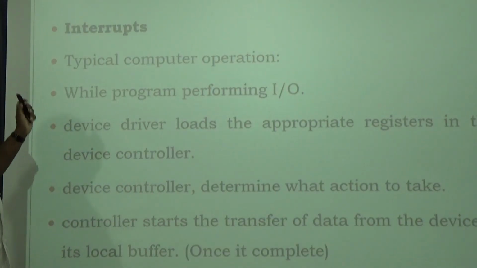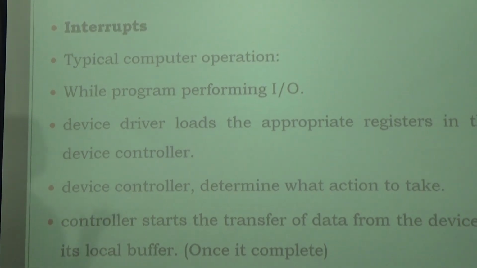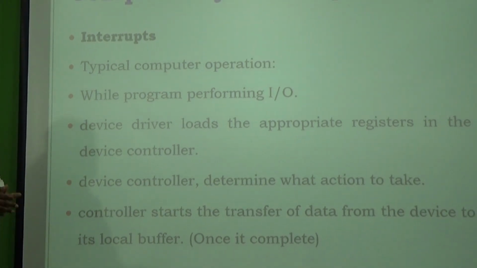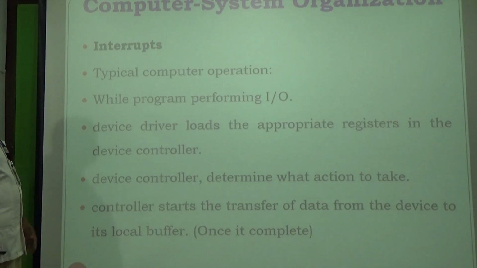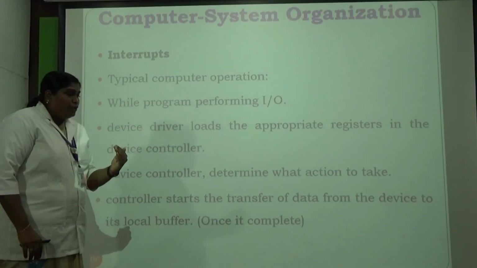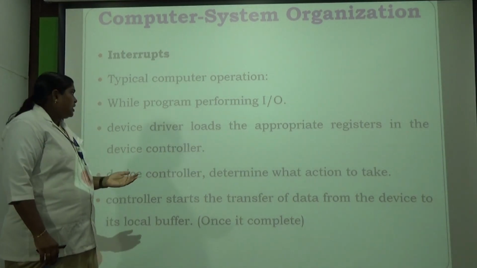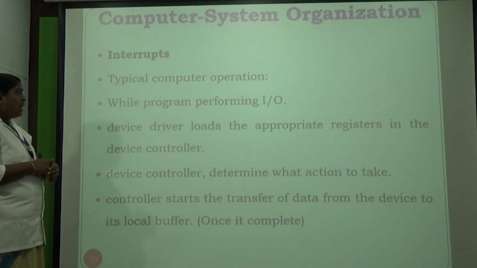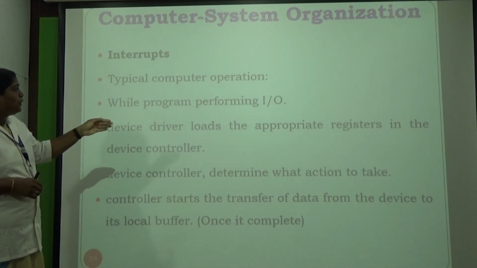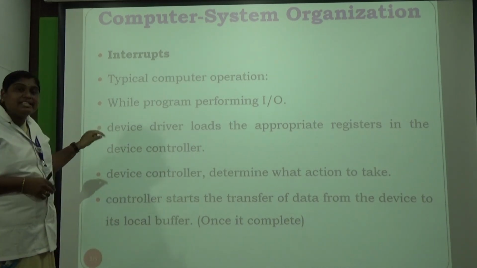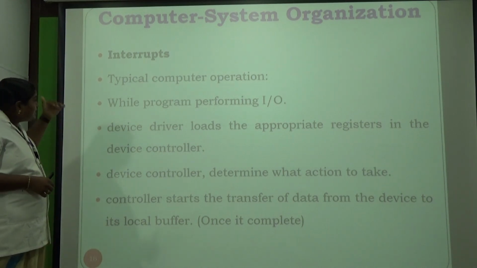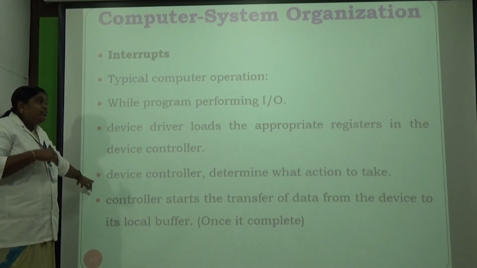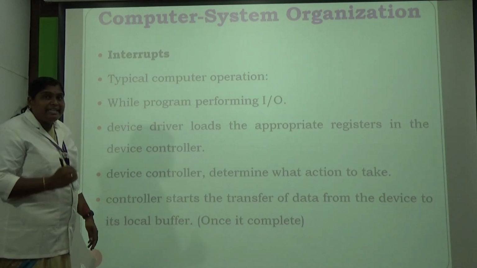So the next one is interrupts. Right, in a computer system organization, interrupts are a typical computer operation. While an input and output operation is being performed, the device driver loads the instruction to the appropriate register in the device controller. Then that device controller will determine what action is to be taken.